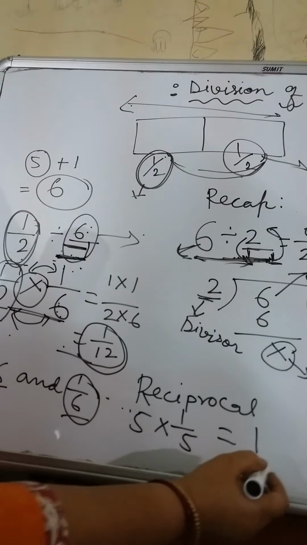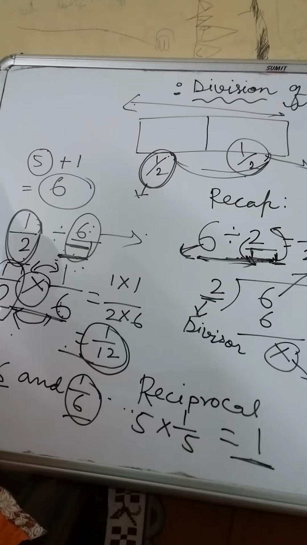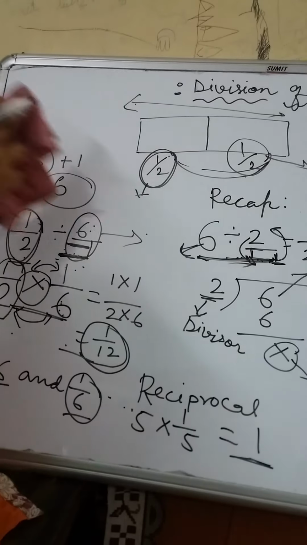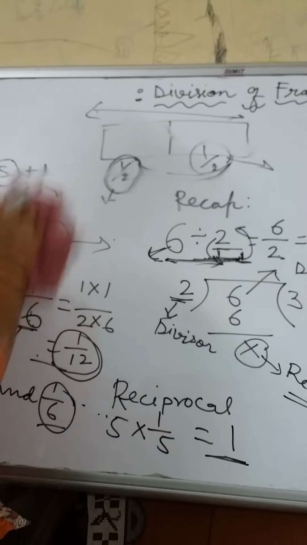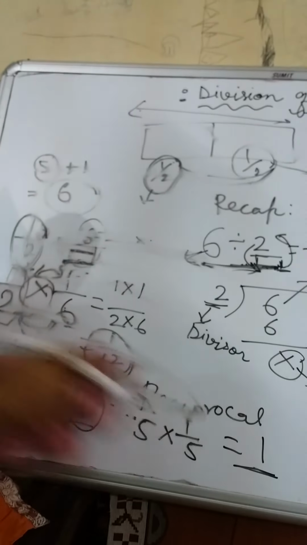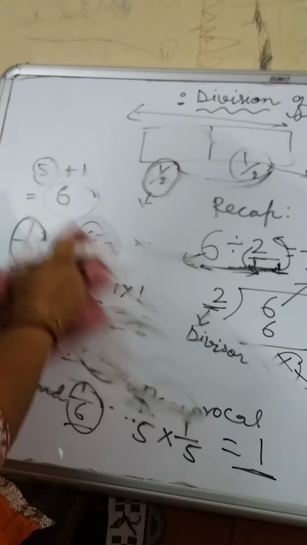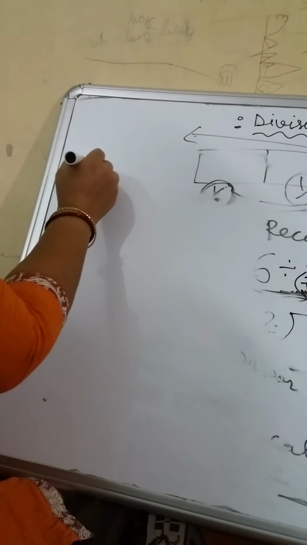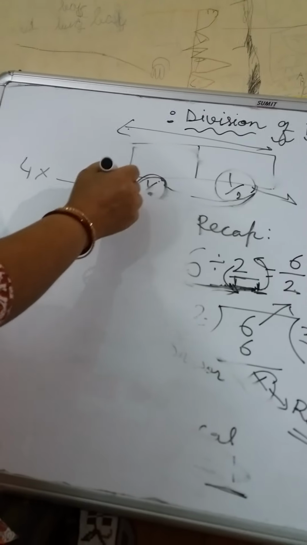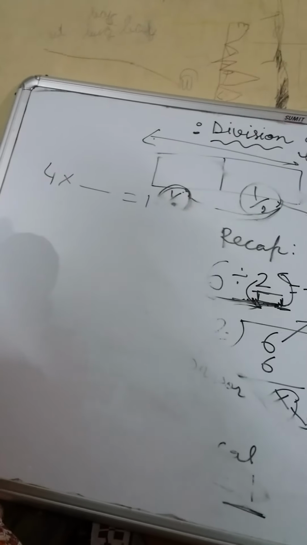The product should be 1. Now let us take some examples. Say 4. You have to multiply a number with 4 so that the product is 1.